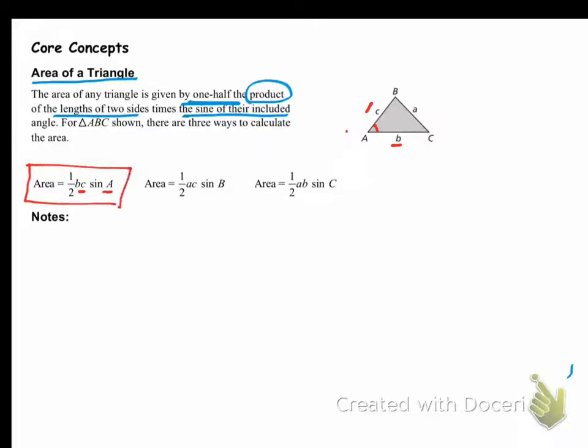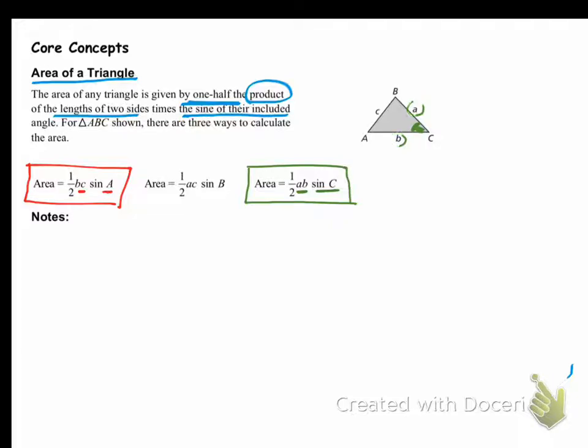Another way, if you don't want to choose this angle, you can choose another angle and the two sides. If you pick a and b, your angle has to be this one, C, so sine C. So it's half of ab sine C. Keep in mind, half of ab sine C, that's the formula.